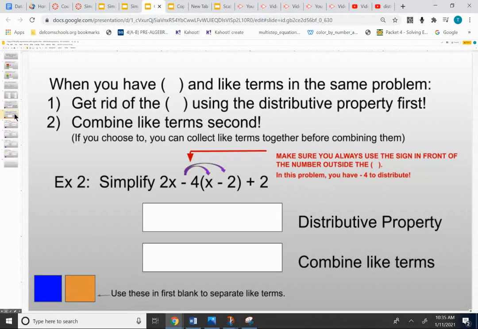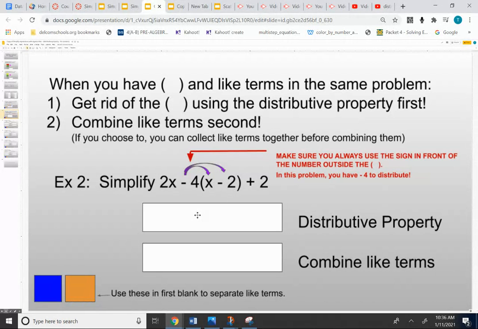We have 2x minus 4 times x minus 2 plus 2. And guys, it's really important when you're doing the distributive property first, if the number in front of your parentheses has a subtraction in front of it, you have to include it. So we need to think of this as a negative 4 times x minus 2.